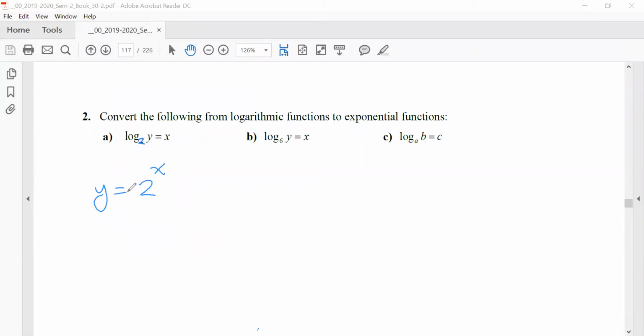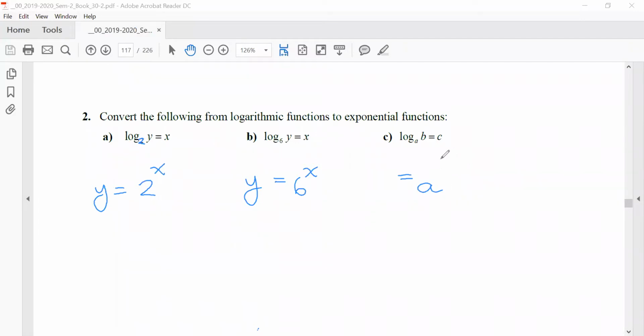Okay, next one. Base stays the same. So my base is 6. My other two parts switch. So my x goes where my y was. Just like that. Okay, and last one here. You know, again, it's all variables, no big deal, nothing changes. Base stays the same, so my base is a, and my other two parts switch.